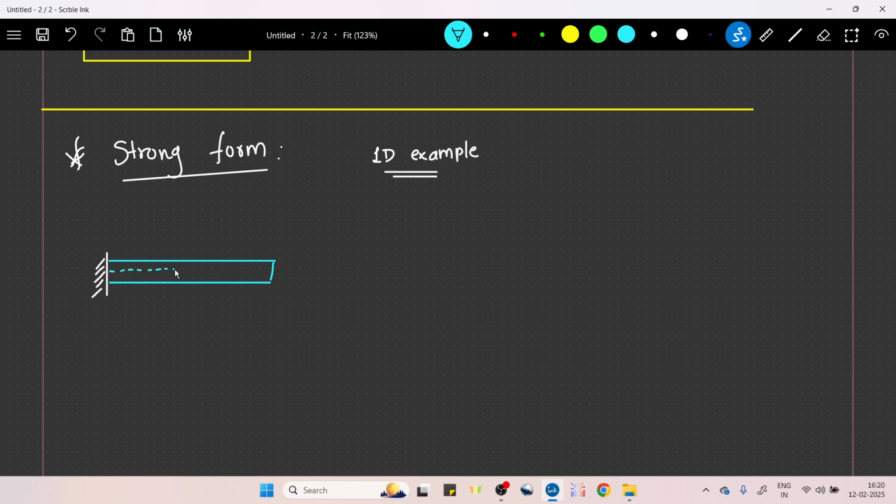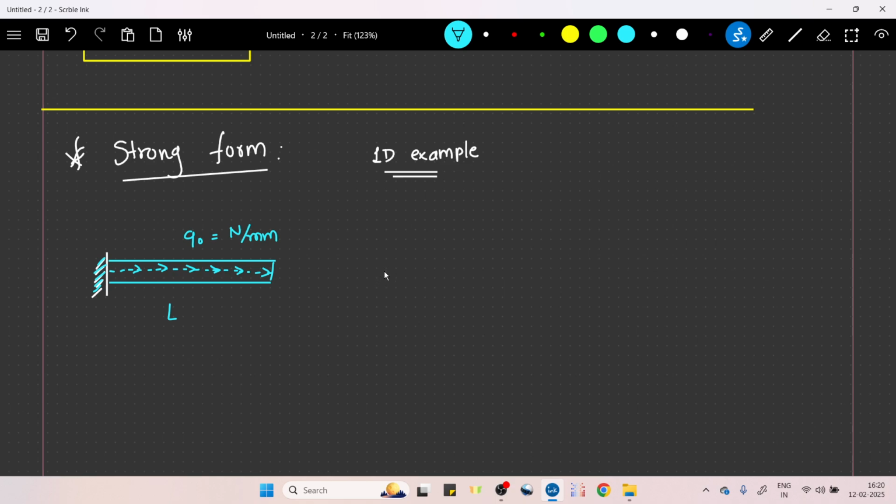Let's take this axial force as Q0. It's a uniform bearing load. Q0 is in Newton per mm, and the length is L. This end is fixed. So we'll try to derive a strong form for this particular problem.